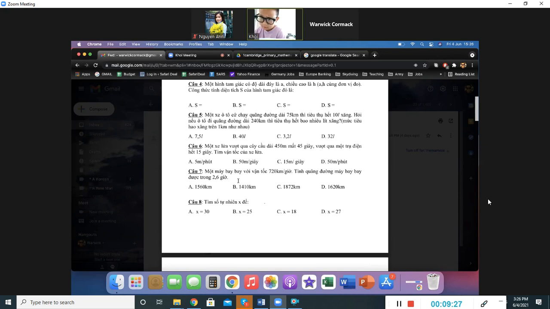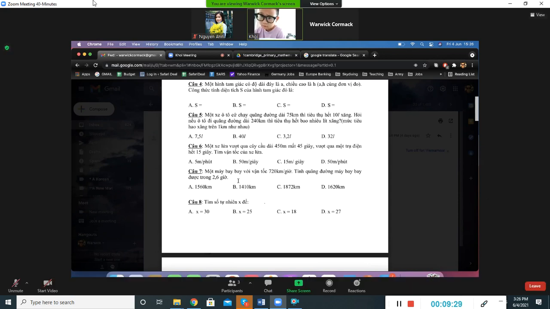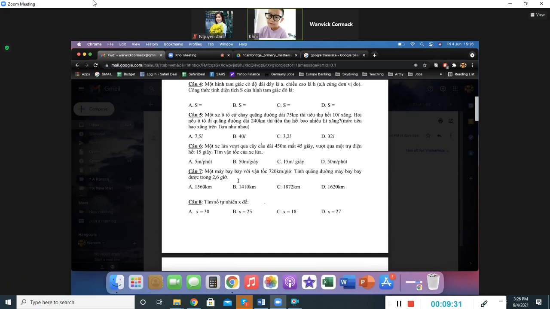Does the airplane fly in 2.6 hours? Okay, so are they saying that an aeroplane travels at 720 kilometers per hour? How far will it fly in 2.6 hours? Is that what it's saying?